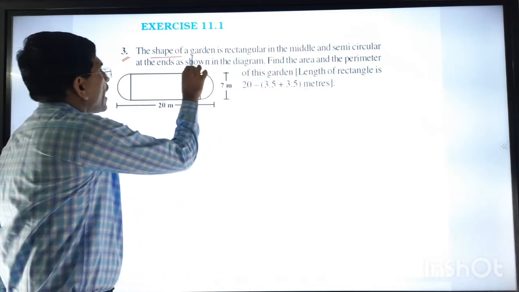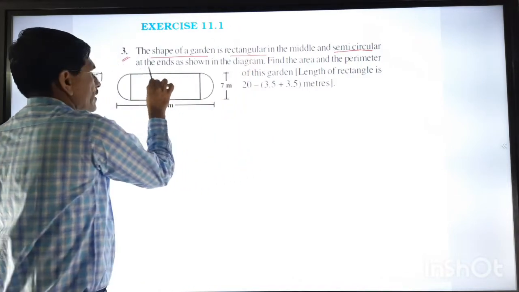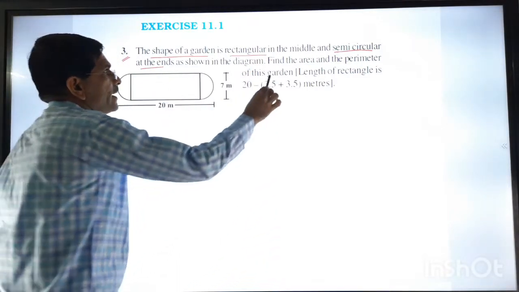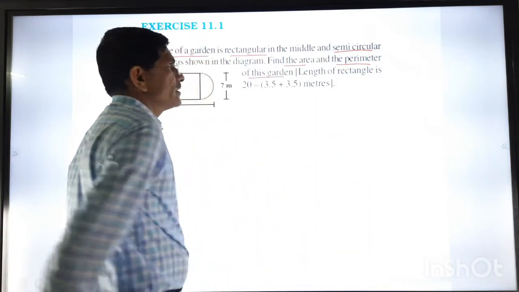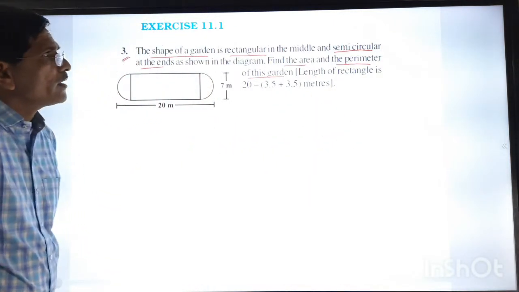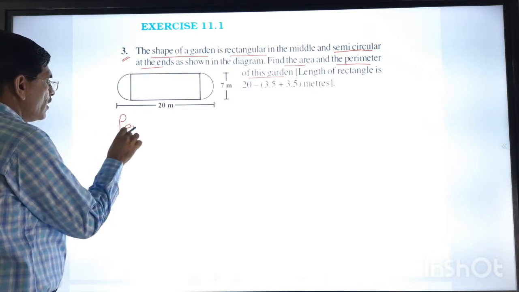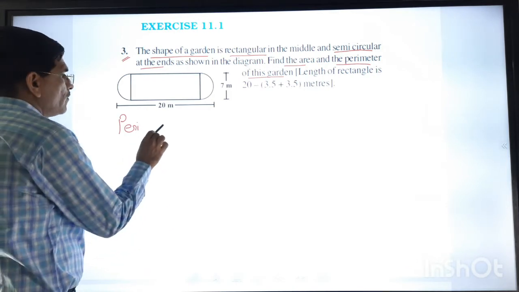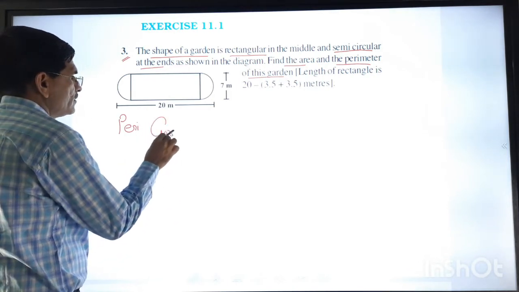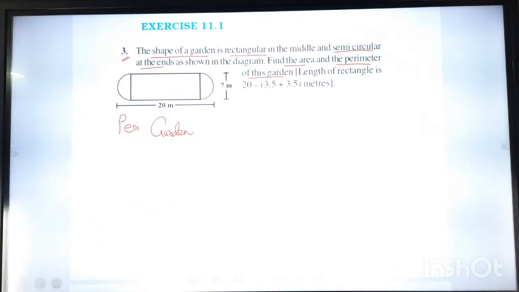The shape of a garden is a rectangle and semicircles. Find the area and the perimeter of this garden. If I want to find the perimeter of the garden, what do I have to find first?